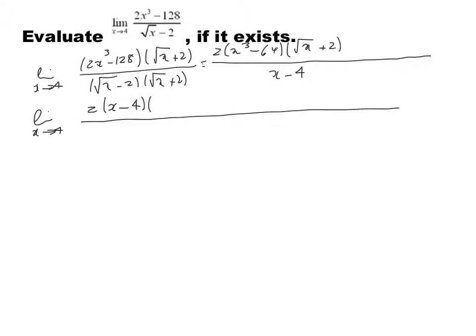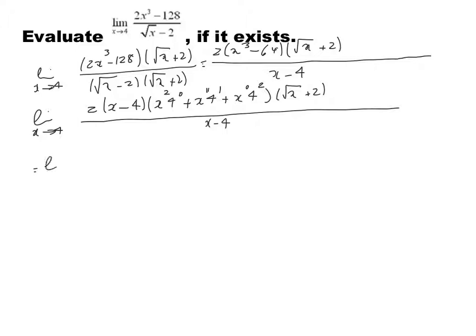Remember, in the review for getting ready for unit 1, we said that x to the n minus a to the n can be written as x minus a times x to the 2 times 4 to the 0 plus x to the 1 times 4 to the 1 plus x to the 0 times 4 to the 2. The sum of the exponents is always n minus 1. n is 3 here, so it's 2. All times 2 times square root of x plus 2 over x minus 4.